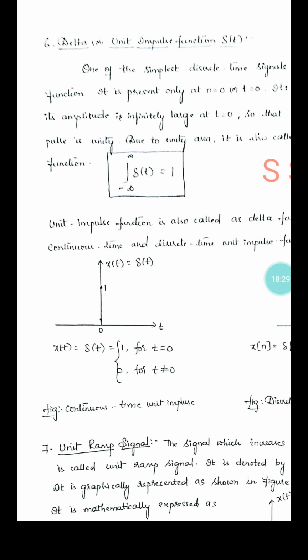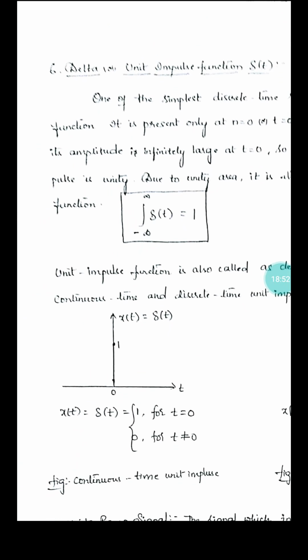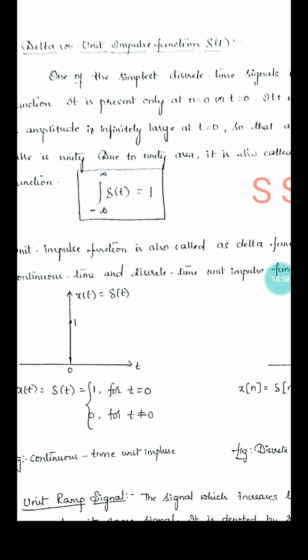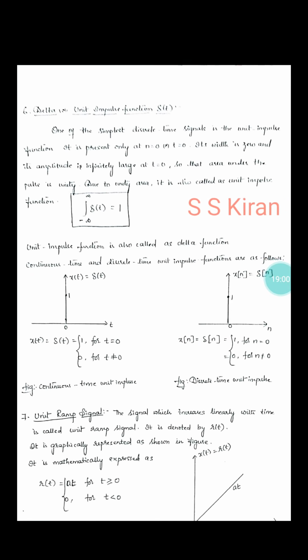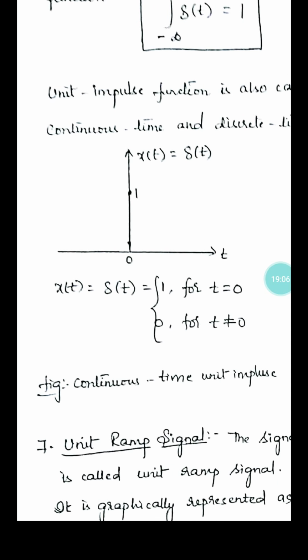This unit impulse function is also called the delta function, so we identify it with delta of t in the continuous case. It can be treated in two categories: one is the continuous time signal, and another is the discrete time signal. This is the first one, and this is the mathematical expression.